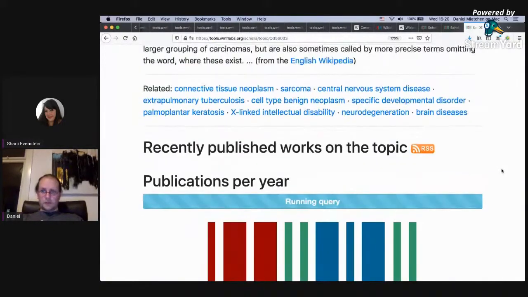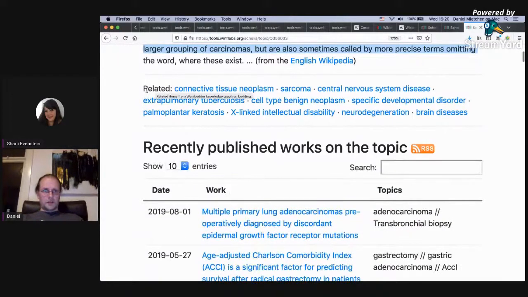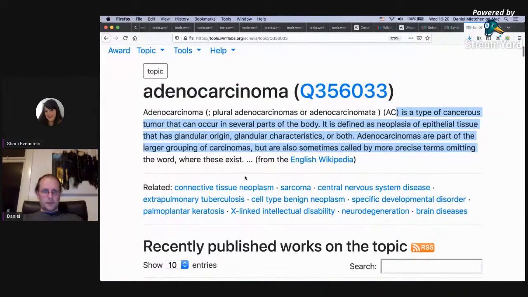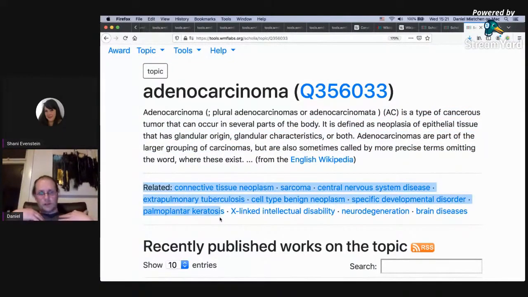On the top here, you already see that you get a number of related things. That's similar to most websites that have things that are related to adenocarcinoma here. But here, the mechanism by which these related things are being explored is slightly different. That's just purely on the properties of the Wikidata knowledge graph.